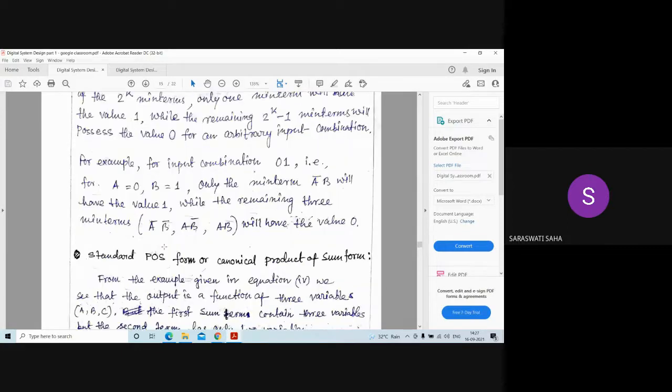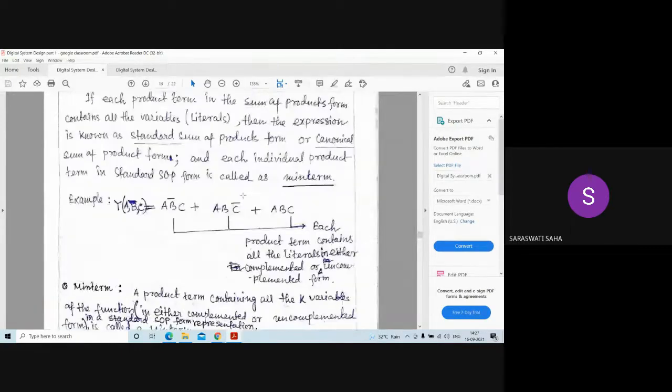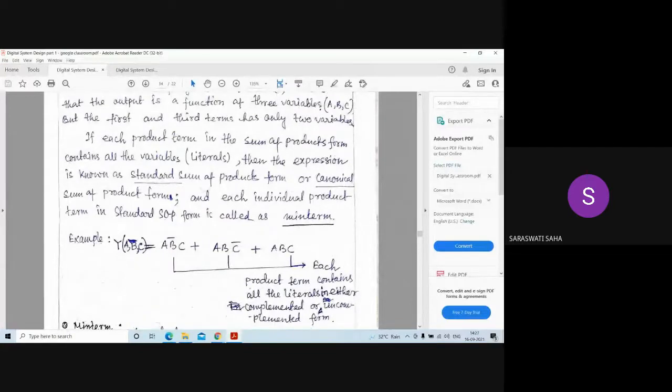Now see what is the significance of this. This is the output expression of a circuit. So when the output expression is given in this form, standard sum of product form, for each product term the output will be high. Or for each MinTerm, the output will be high. How?